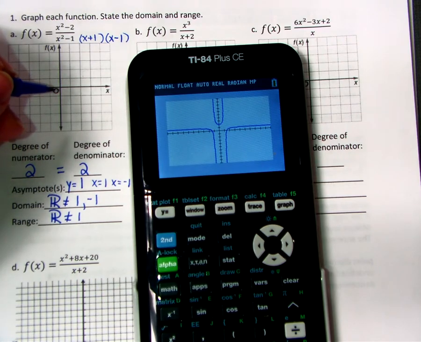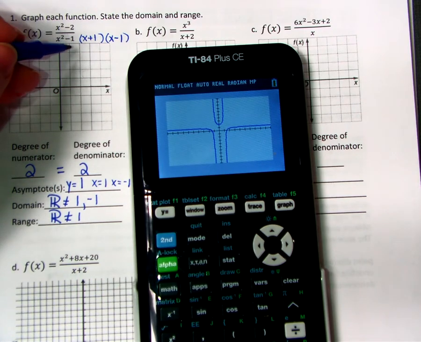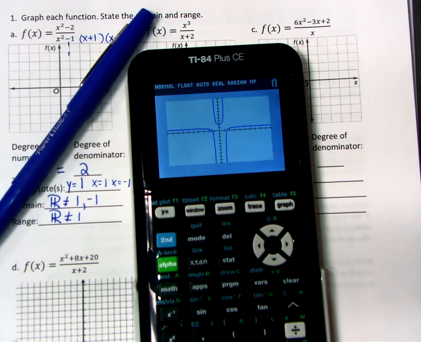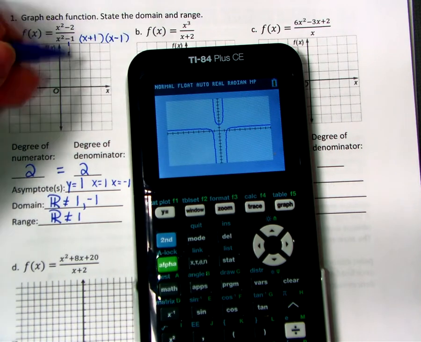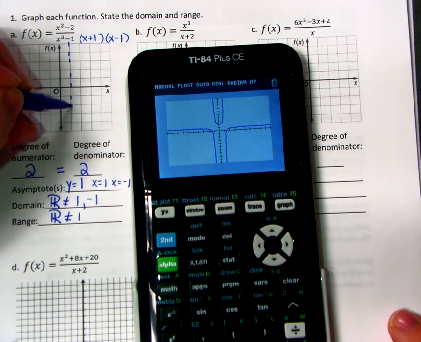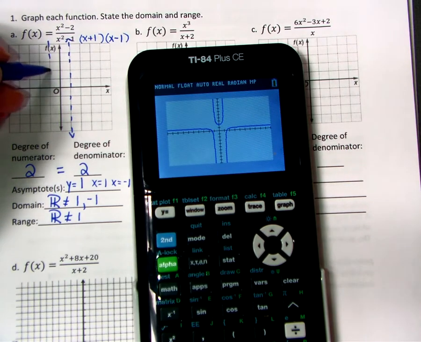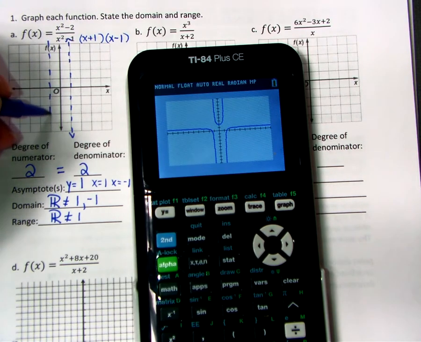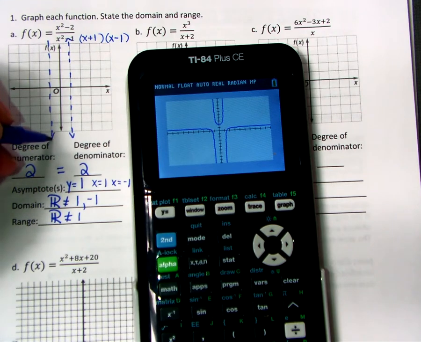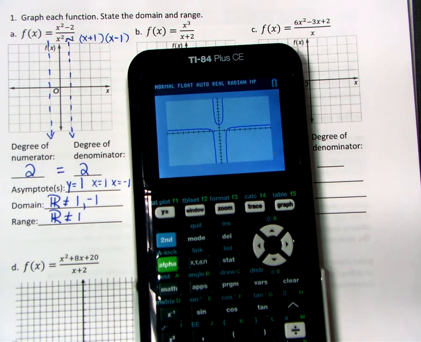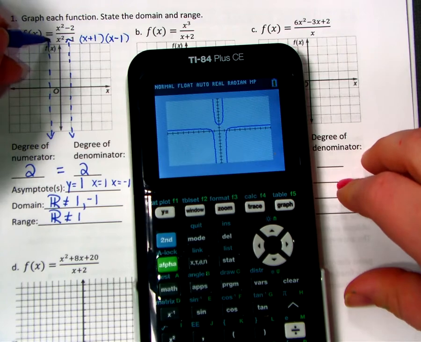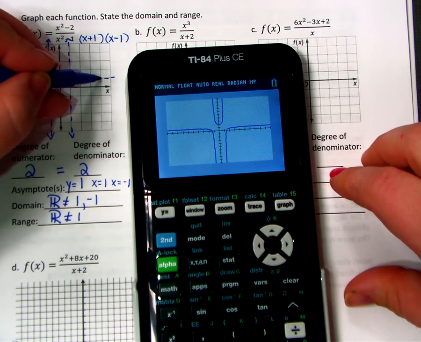We're going to graph at x equals 1, and -1. And then we've got one at y equals 1.